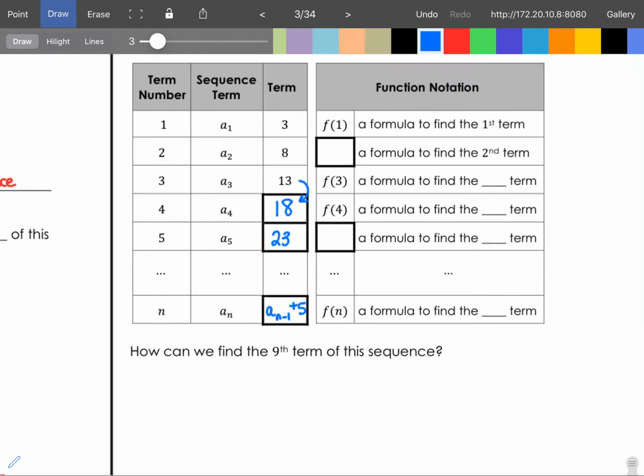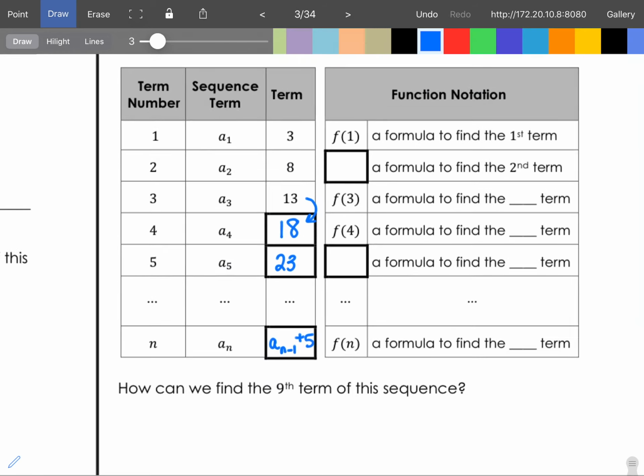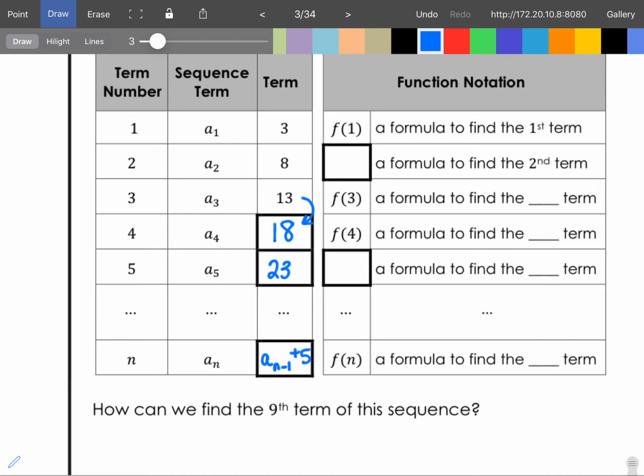If we were to write it in function notation over here, f of 1 is a formula to find the first term, and f of 2 would be the formula to find the second term. f of 3 would help us find the third term. f of 4 would help us find the fourth term. f of 5 would help us find the 5th term. And then all the way at the bottom, f of n would help us find the nth term.